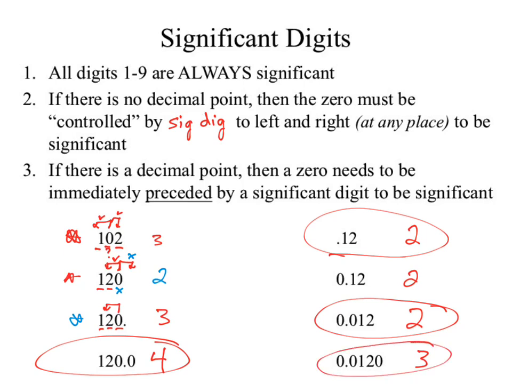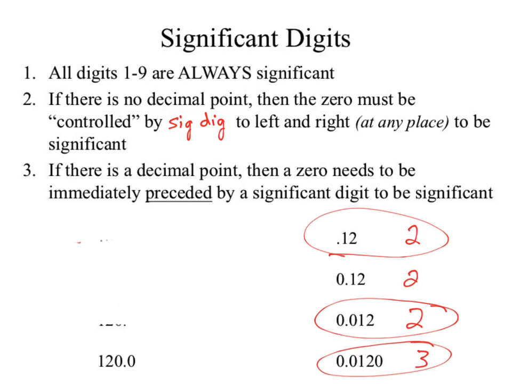The last one. You want the last one too? Okay. So, let's go ahead and start down here. Why does that one have 4 significant digits? So one of the things that I do like to go through and do is underline them. So 1 and 2 are significant. I see an explicit decimal point. If I have a decimal point according to the list I've got outlined up here, I'm moving to rule 3.